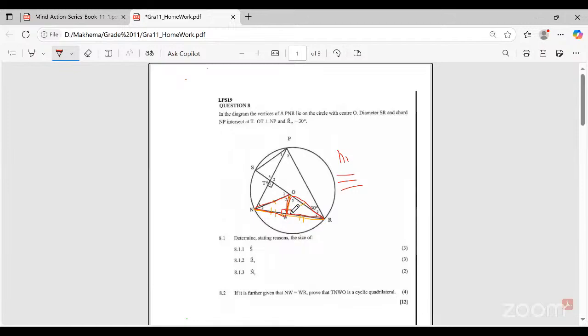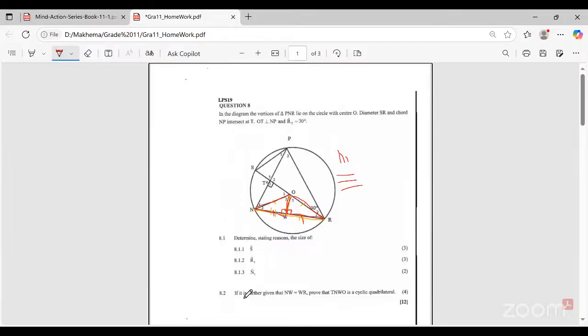Okay. According to theorem one, if it is given that this line is equal to this line, you can say W1 is 90 degrees and W2 is 90 degrees. So, okay, now what is going to be the next step?